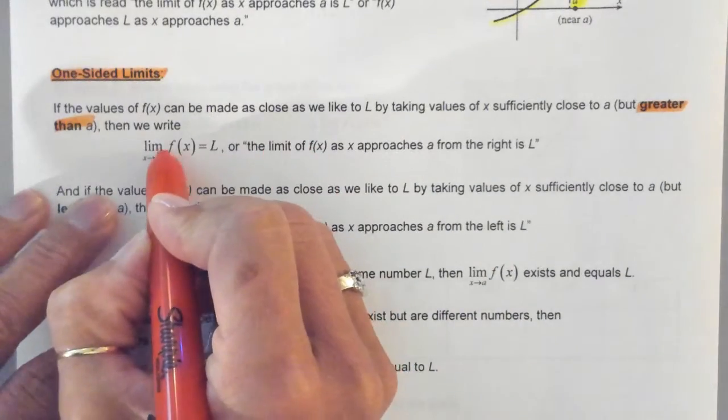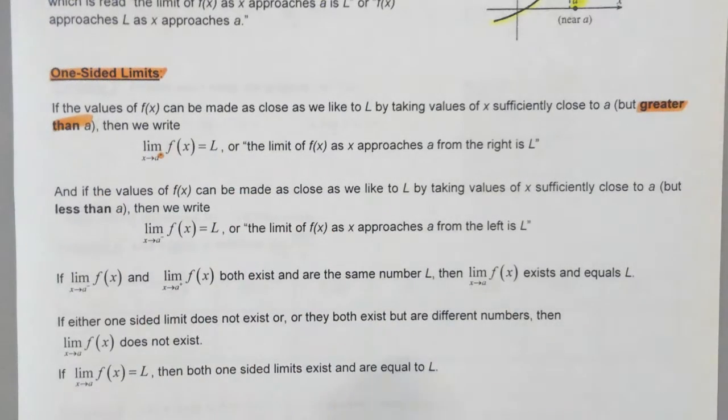You're looking here at this exponent plus. I know it's teeny tiny, but when you take a really close look at your paper, hopefully you'll see that plus. And what this is saying is we want to evaluate the limit of our given function f of x as x approaches a given A value from the right. We don't care what's happening on the left. We only want to see what's happening as we approach from the right, and it would be equal to L.